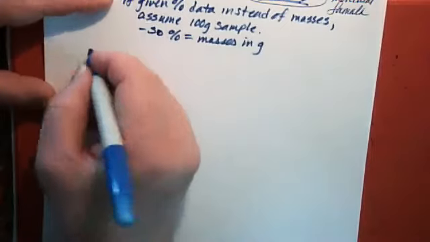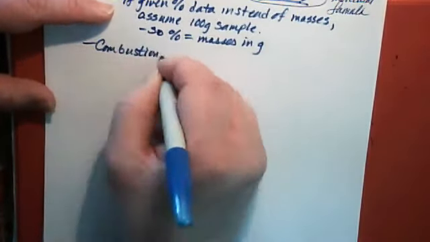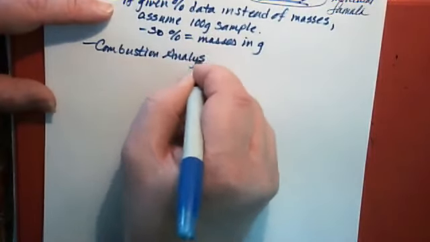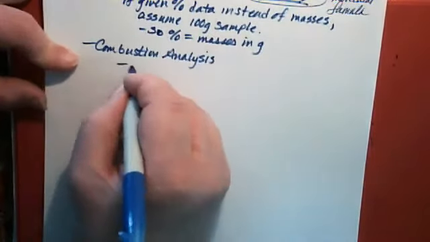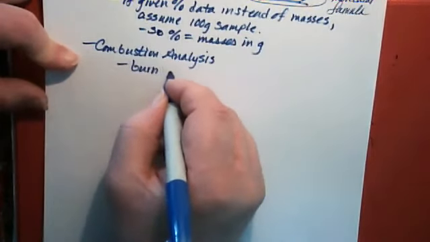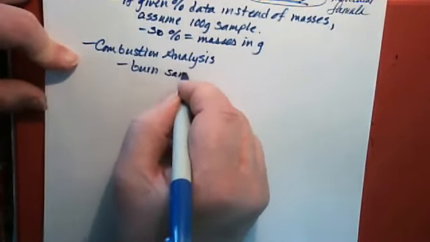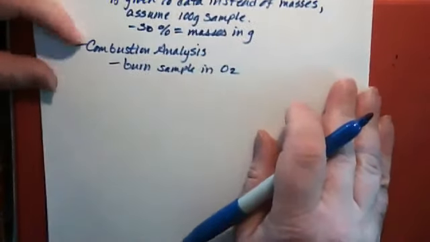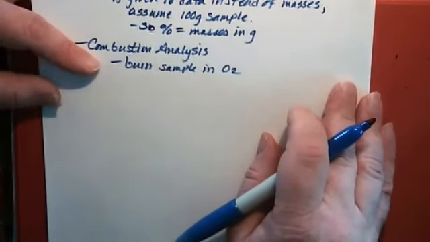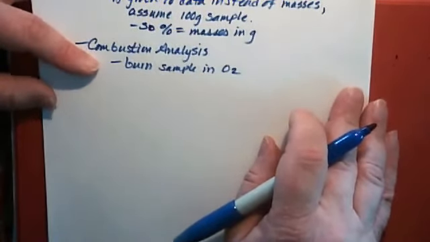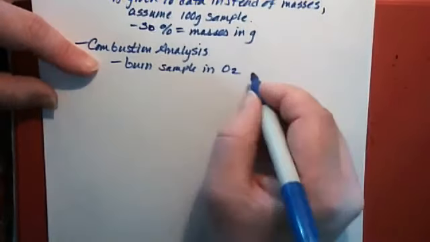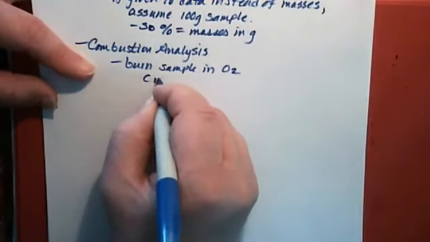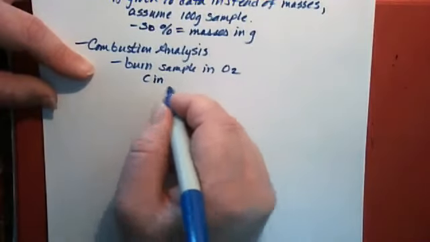Okay, there is a section on combustion analysis also. Combustion analysis is where you burn a sample in an environment with lots of oxygen present, and the products will be carbon dioxide and water vapor.